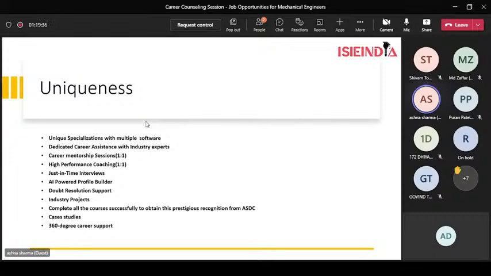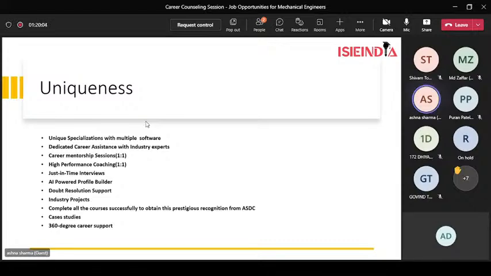Our uniqueness is unique specialization with multiple software, career mentorship sessions one-to-one with our mentor, high-performance coaching, just-in-time interviews, doubt-resolving support, industry projects. Complete all the courses successfully to obtain the prestigious recognition from ASDC.